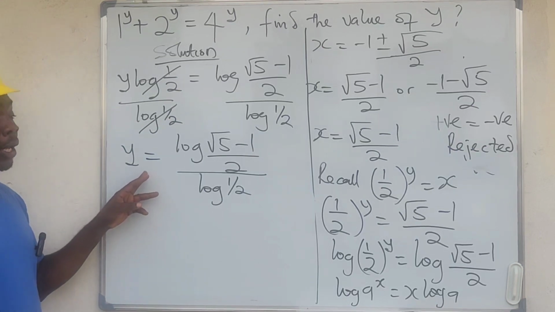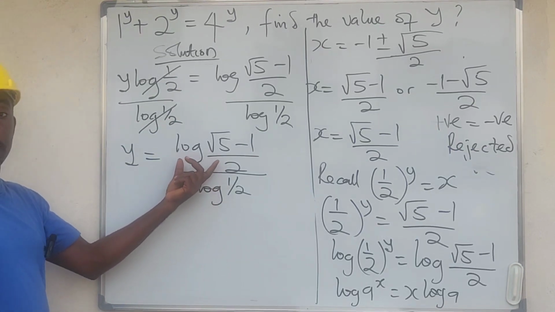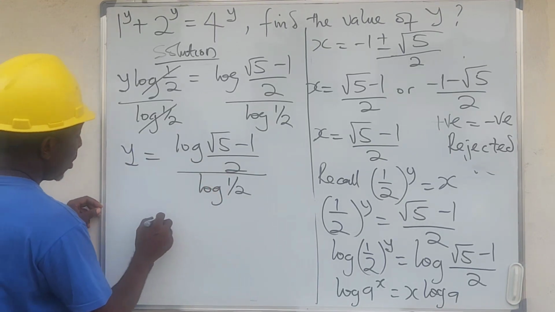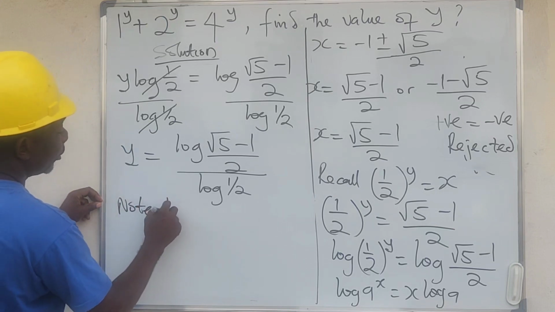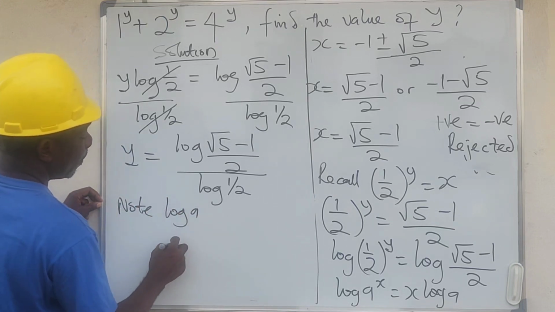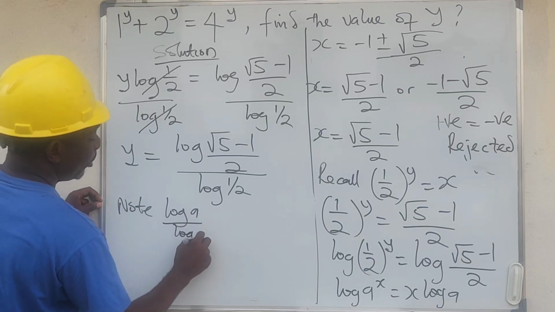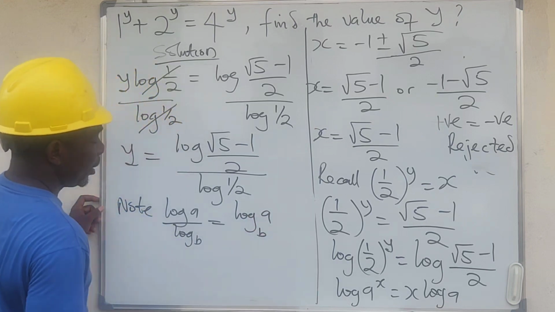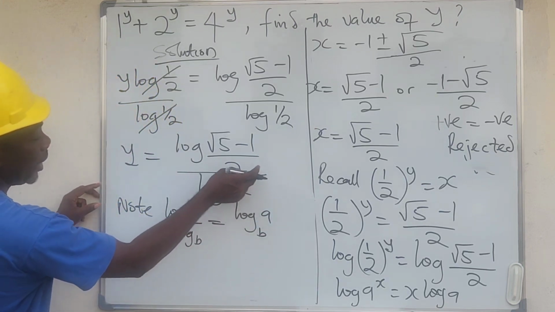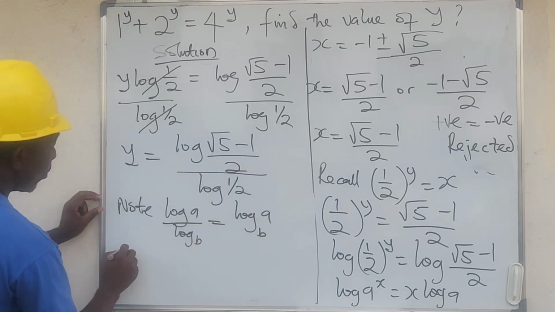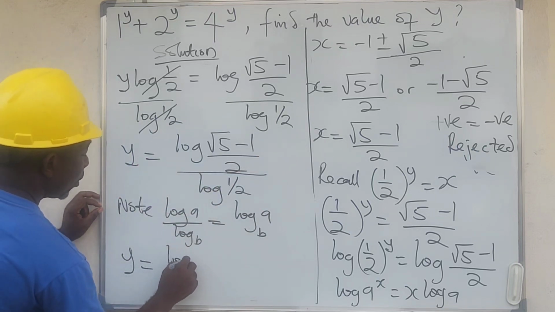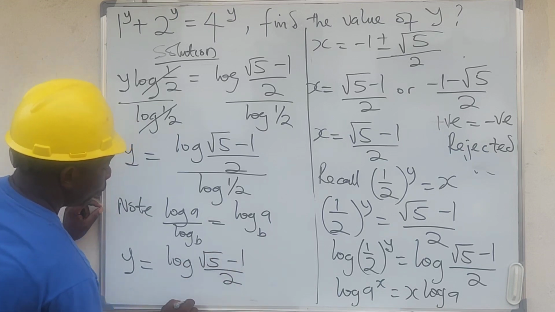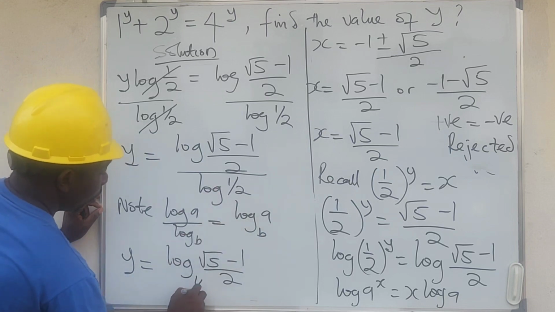So here, we have the two logs divided by each other. We recall, we note when we have log A all over log B, we can rewrite it as log A base B. So expressing this in this form, our y will become log of root 5 minus 1 all over 2, base 1 over 2.